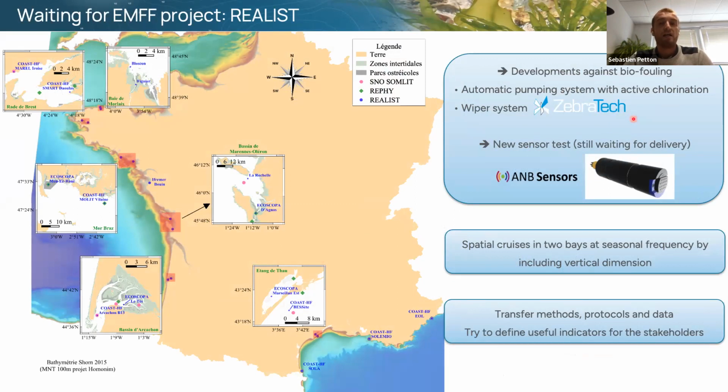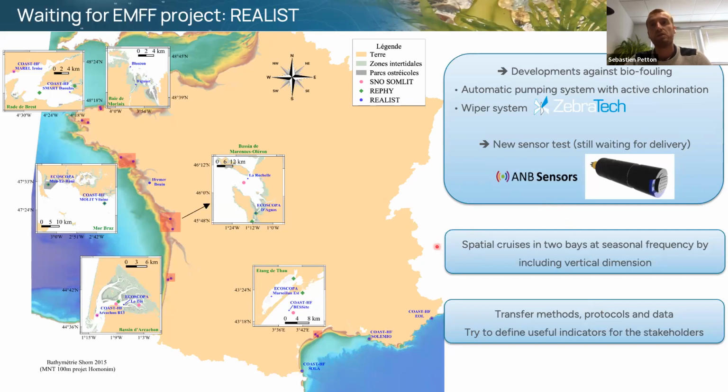And we are right now waiting for another call of the European Maritime and Fisheries Fund to support this network. We're also including two more stations in the Mediterranean Sea. We have in mind to test another sensor, maybe less precise, but that does not require in situ calibration. We are still waiting for it, actually. We also want to develop other technical solutions to reduce maintenance and manual cleaning.